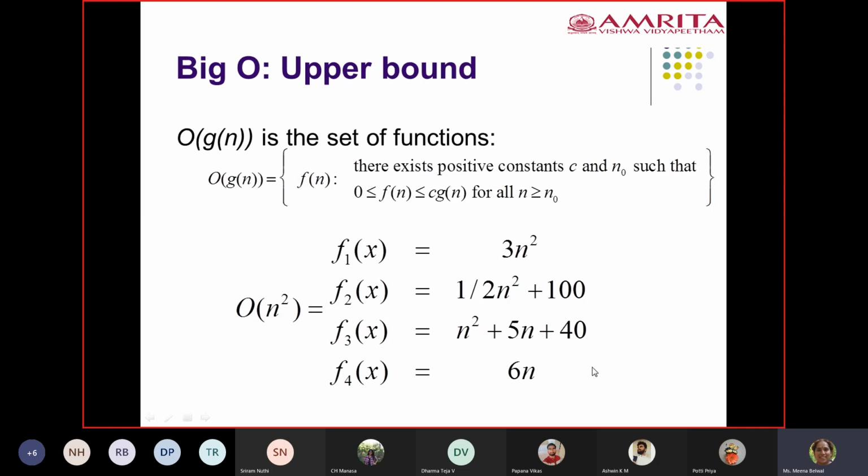That is what we discussed yesterday also, because if I keep 6n as f(n), we will be able to find c and n0 such that it is less than or equal to c times n square. When we write the big O notation, we will say that 6n is actually O of n. But if you ask whether 6n will fall in O of n square, yes, because you are able to find c and n0 correspondingly.